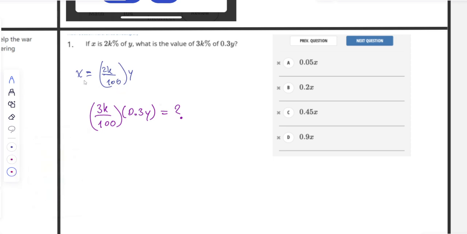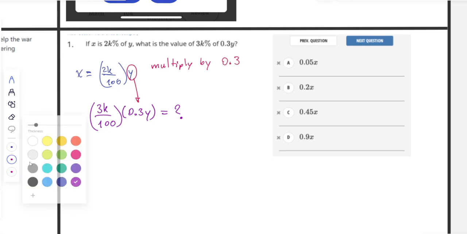We can either take the first equation and solve for x, or you could try to modify this equation so that it fits this format right here. And that might almost be easier for me to do. In order to match this up, we can multiply by 0.3, right? So we get the y to turn into 0.3y.